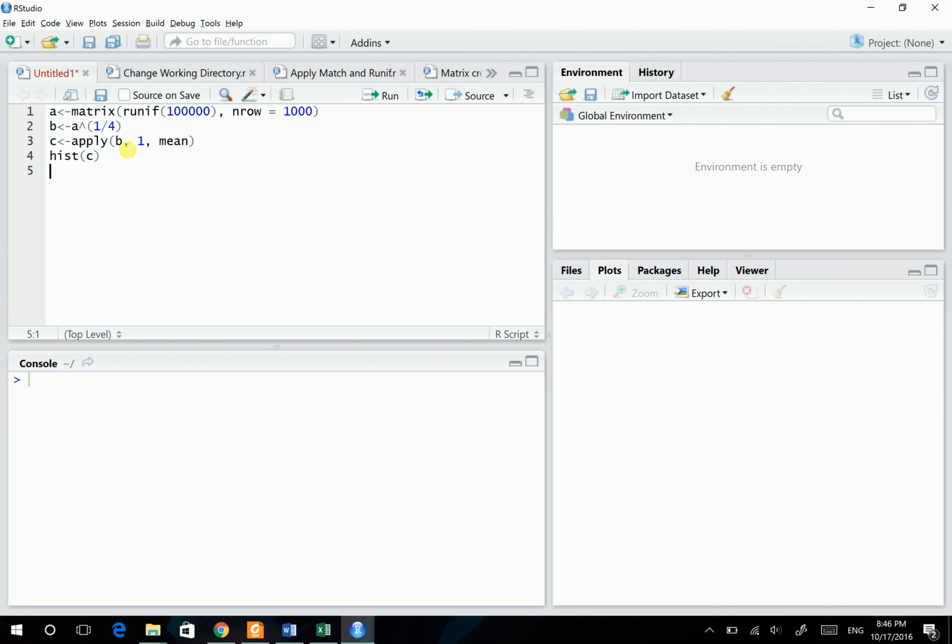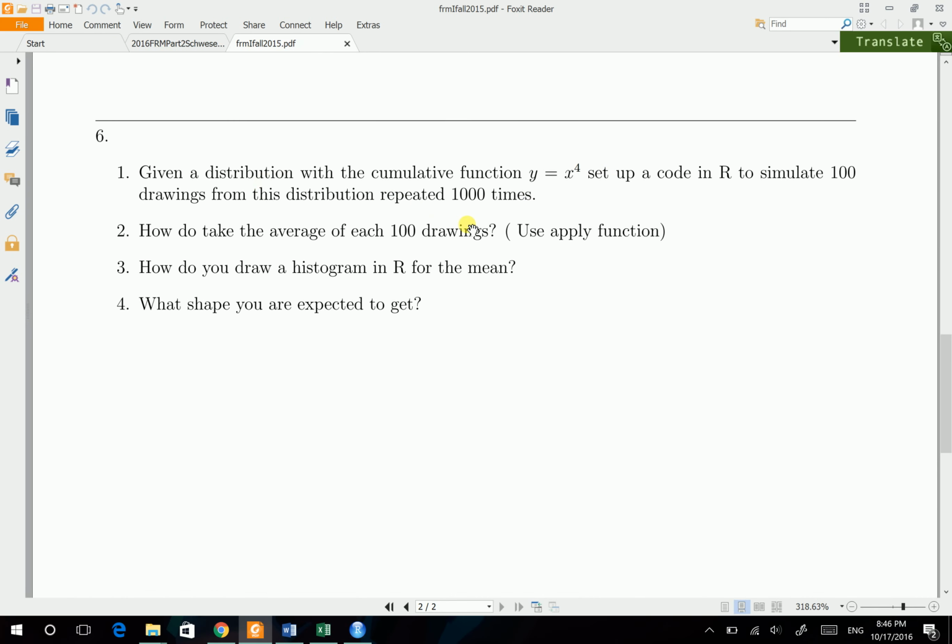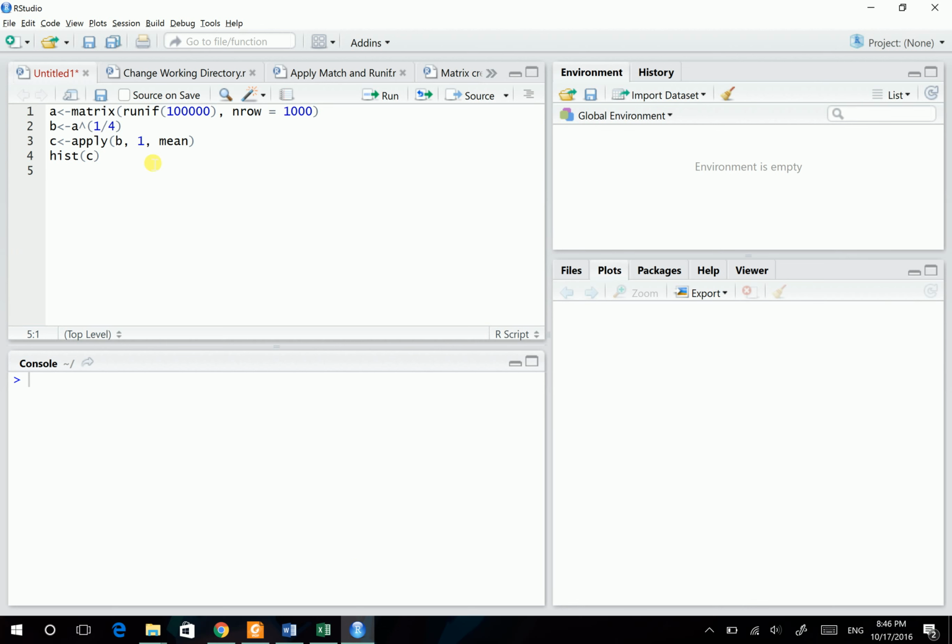For the central limit theorem, you want to apply the mean function to each simulation. Each simulation is each row here, so I apply over rows, and each row stands for one simulation. Then I simulate 1,000 times, which is what the question asks. So you apply it with the mean function.